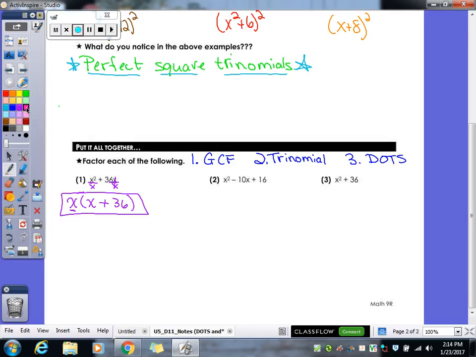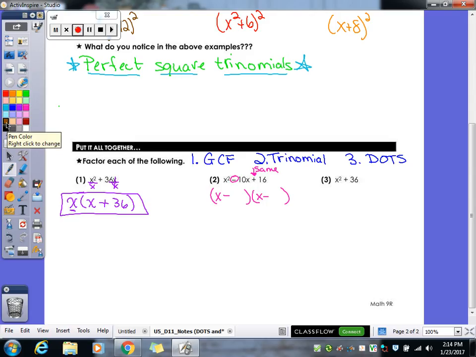Over here, number 2, we look first, is there a GCF? And there's not. There's nothing that all 3 terms have in common. I know it's 3 terms, so that means it's going to be a trinomial factor. So I start to set it up, 2 sets of parentheses. X is going to be my first term. Again, looking here, your signs are going to be the same. This means they're both subtraction, so one's minus, one's plus.